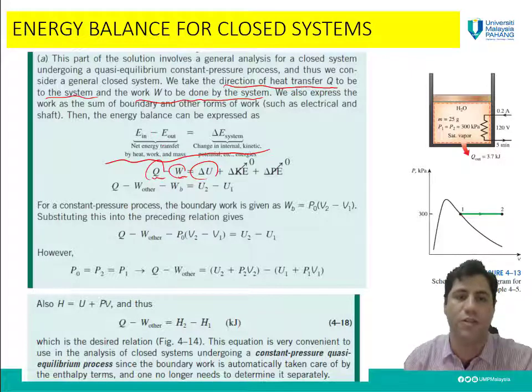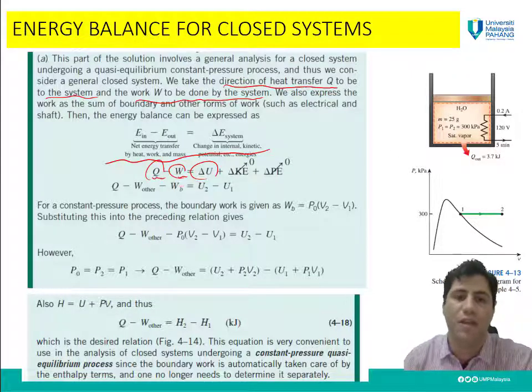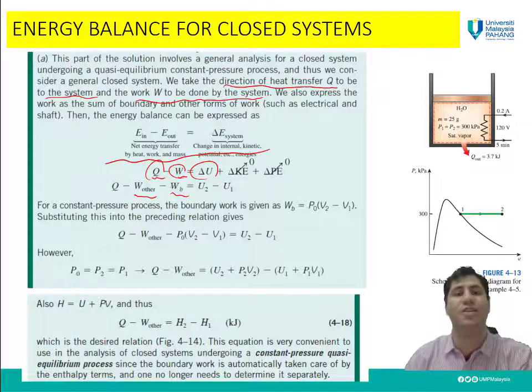So according to this equation, we have Q minus W. And we assume the work which we have for the system is boundary work and also W other. Here we do not include the work from the electrical wire; later we will discuss that. We assume we have boundary work and other types of work.